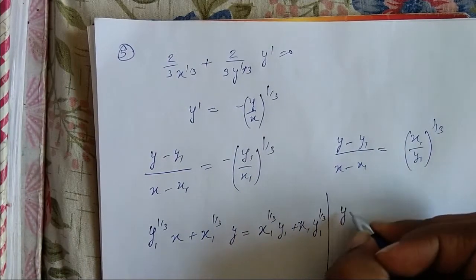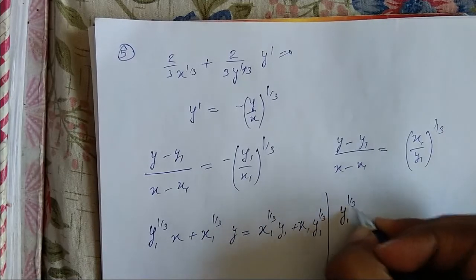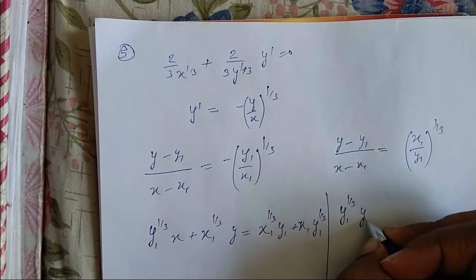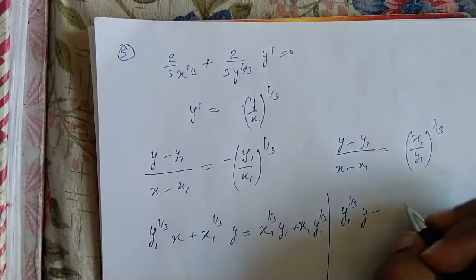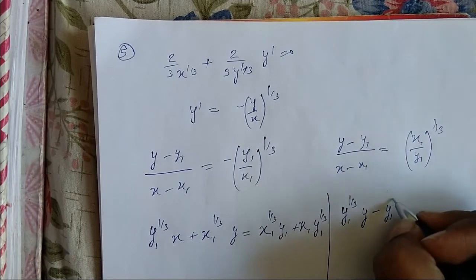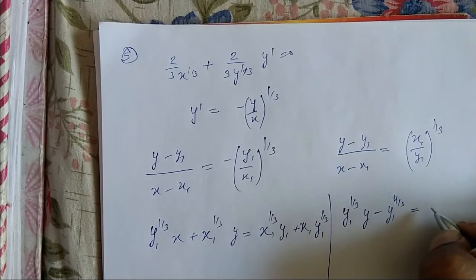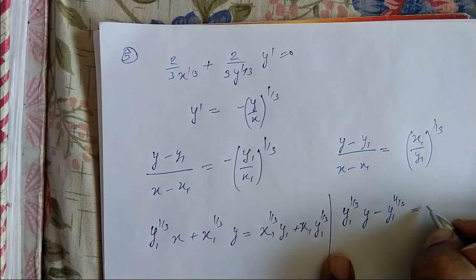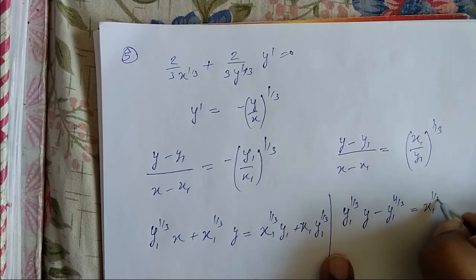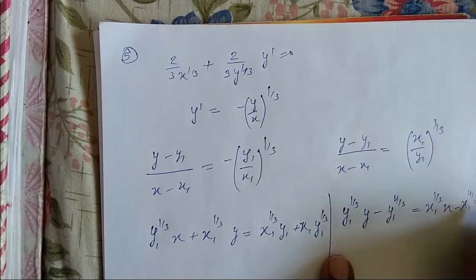So y1 power 1 by 3 into y minus y1 power 4 by 3 is equal to x1 power 1 by 3 into x minus x1 power 4 by 3.